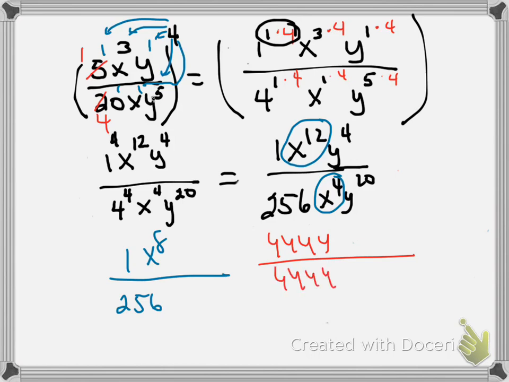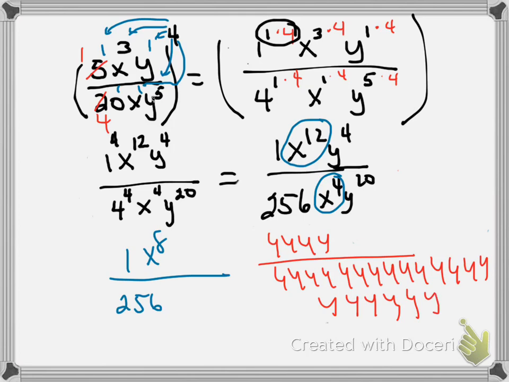If I start matching these, then whatever's left is on the bottom bunk. 1, 2, 3, 4, 5, 6, 7, 8, 9, 10, 11, 12, 13, 14, 15, 16. So my answer should be y to the 16th on the bottom bunk.